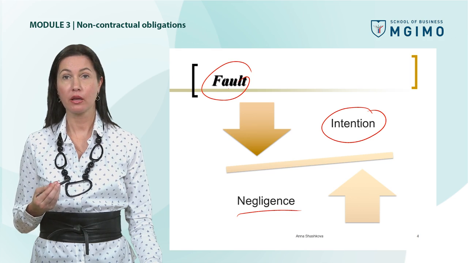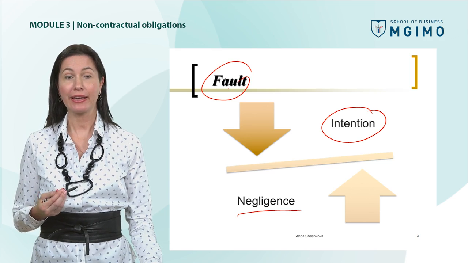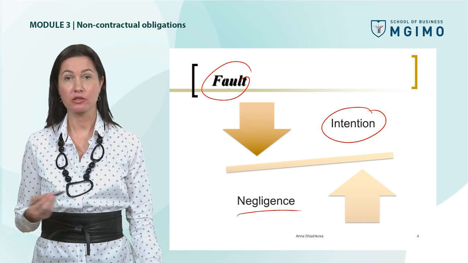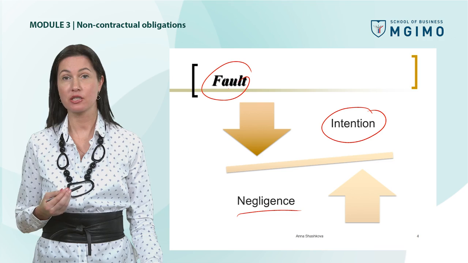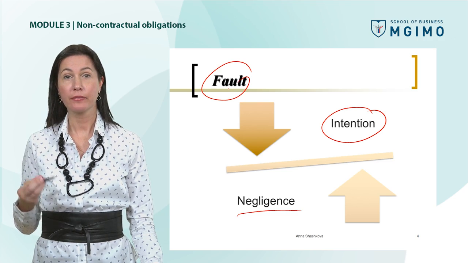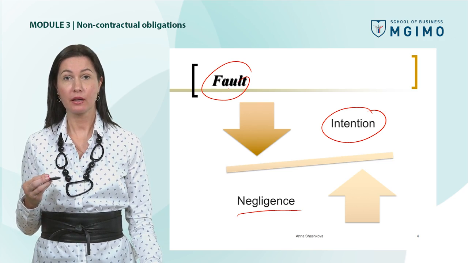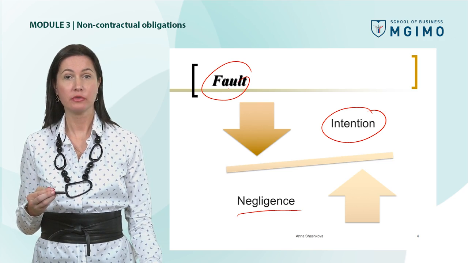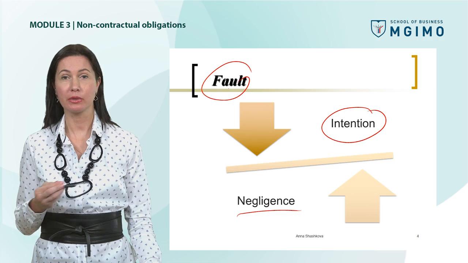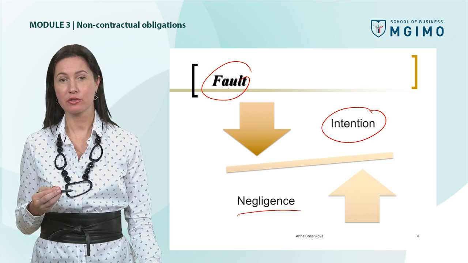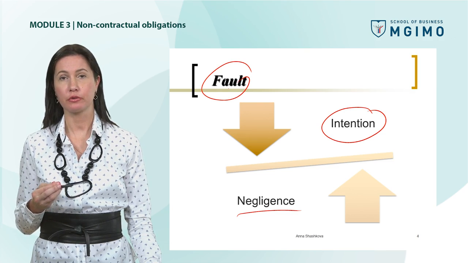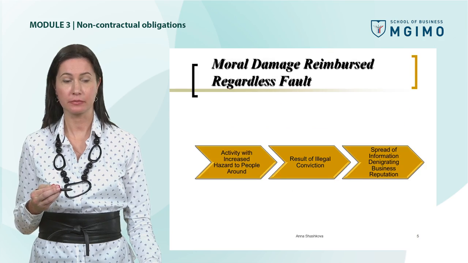So, for example, you are shopping in a supermarket, and not intentionally, not negligently, just occasionally, you slip and you break the place where 50 bottles of cognac were placed. So there is damage to the shop, but there is no fault of yours. So in this case, you are not liable because it is not a case of tort.